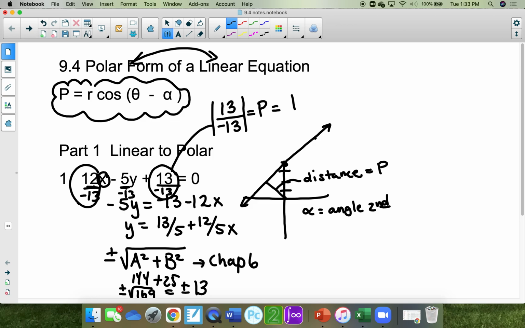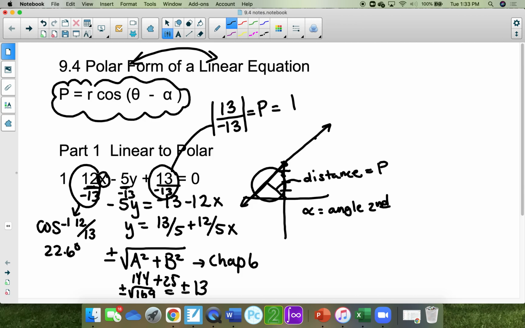And then to figure out the angle, you could use this one or this one, but since this is the x, you can use the cosine inverse of 12 divided by 13. When you plug that into your calculator, you get 22.6 degrees, but it can't be 22.6 because you are in this quadrant.